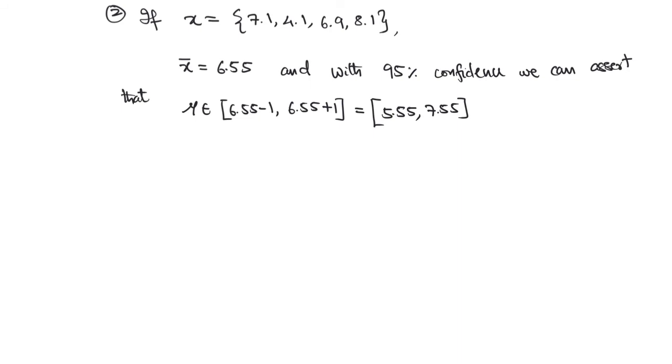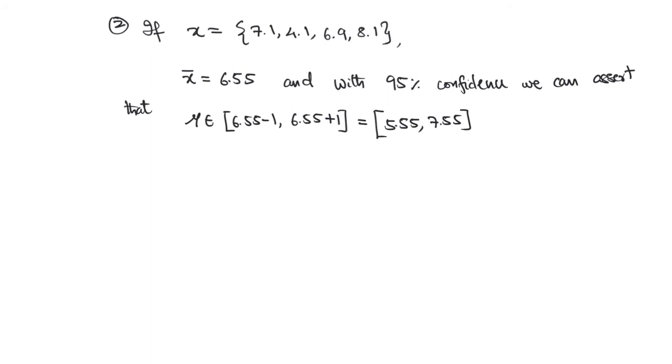Also, if we worked with another sample given by 7.1 comma 4.1 comma 6.1 comma 8.1, we can calculate the sample mean to be 6.55. And with 95% confidence, in this case, we can assert that the population mean is going to lie inside 6.55 minus 1 comma 6.55 plus 1. That is, the confidence interval in this case is going to be 5.55 comma 7.55.